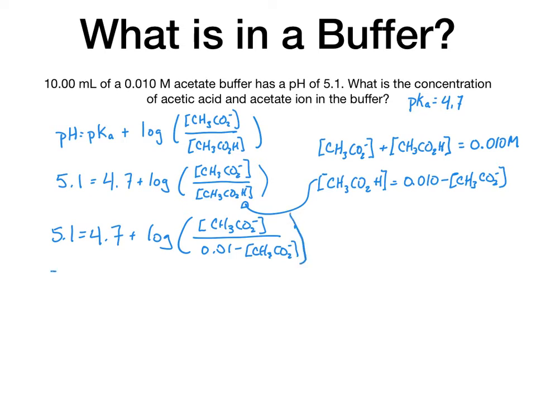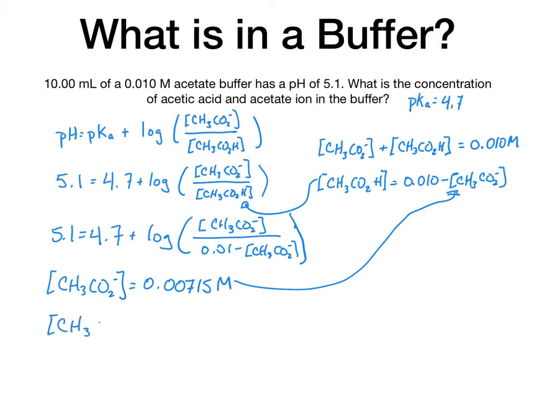If I solve this, I get that the concentration of the acetate in my buffer is equal to 0.00715 molar. I can plug this in up here, and I get that the concentration of my acetic acid is equal to 0.00285 molar.